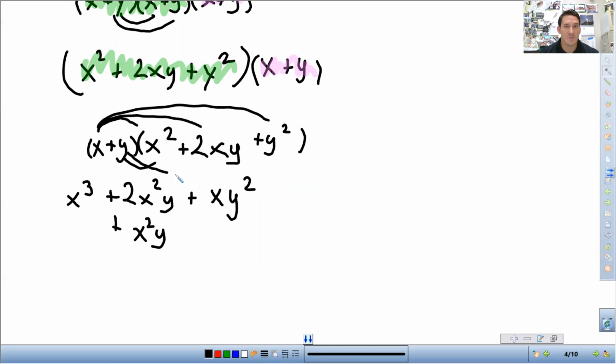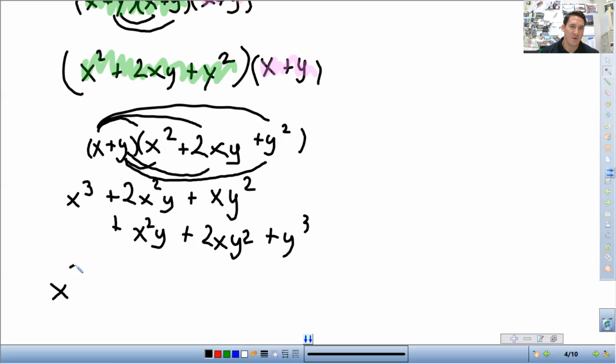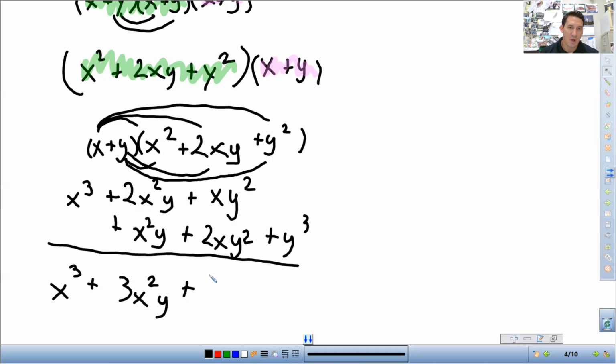Then y times 2xy is going to be plus 2xy squared. And then one more, I'm sorry, it's getting messy, plus y cubed. And so we get, after you add those, x cubed plus 3x squared y plus 3xy squared plus y cubed.